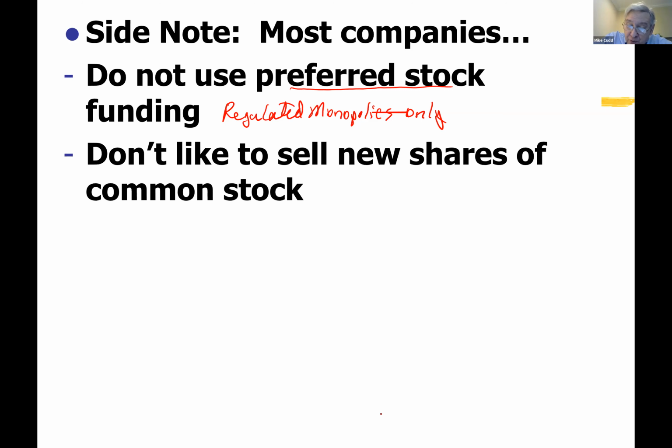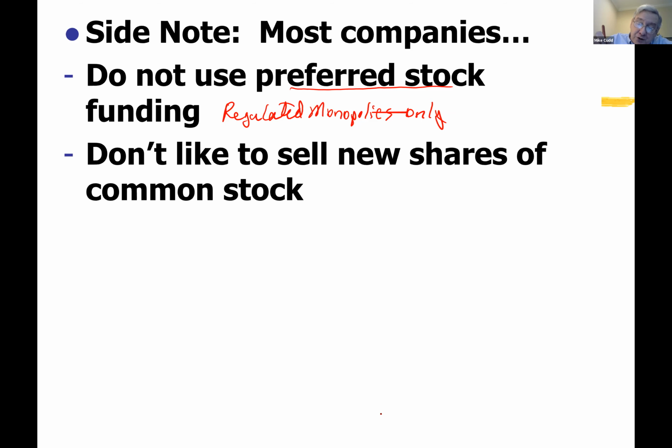Companies like Western Gas, Energy, Con Edison Electric, all the regulated monopolies, your electric companies, your gas companies, they're the only ones that tend to use preferred stock financing. Normal companies like Microsoft, GE, they don't use preferred.